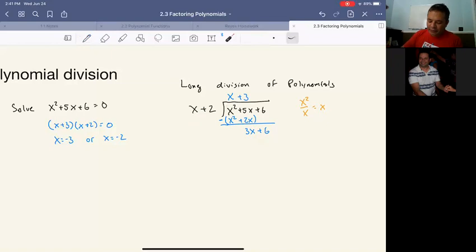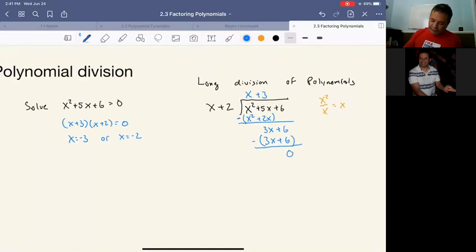Okay. Now we're going to multiply this 3 by this x plus 2. So 3x plus 6. And now we're going to put parentheses around it and subtract. And we get a remainder of 0. Okay. That's basically what long division is.